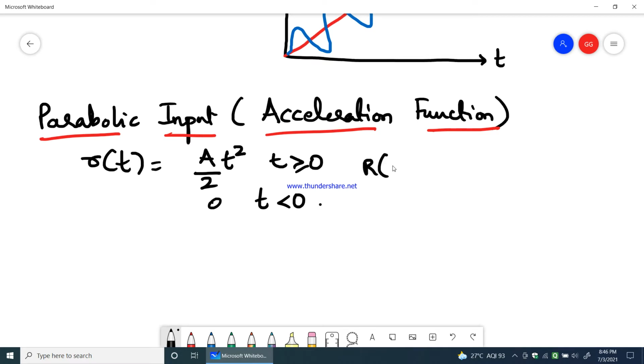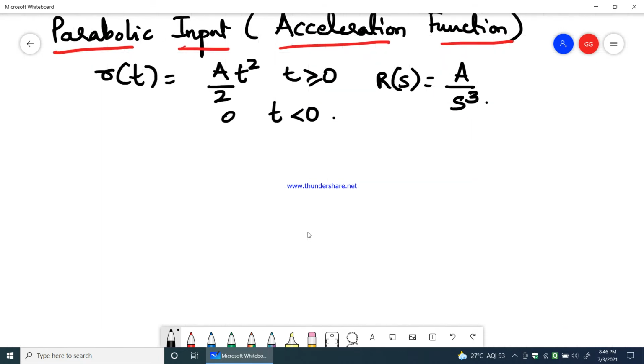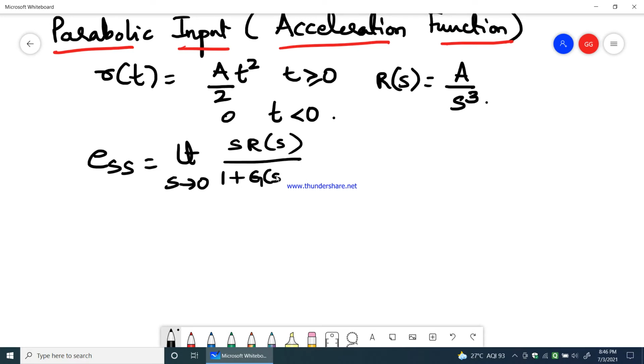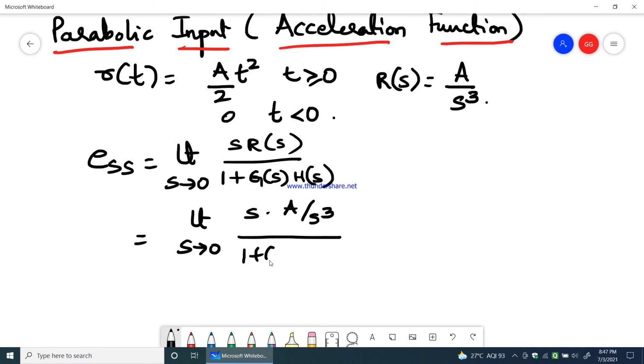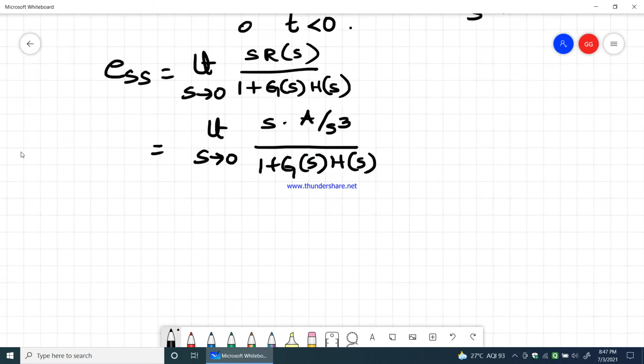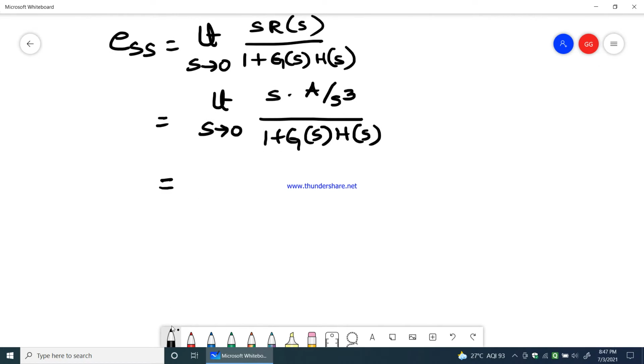Now we know that R of s, which we have seen earlier in the previous video, is A divided by s cube, right? Now let us again take the steady state error equation, which is limit s tends to 0, s into R of s divided by 1 plus G of s into H of s. Therefore this would be equal to limit s tends to 0, s into A by s cube divided by 1 plus G of s into H of s, which is equal to, s and s cube, that becomes square.